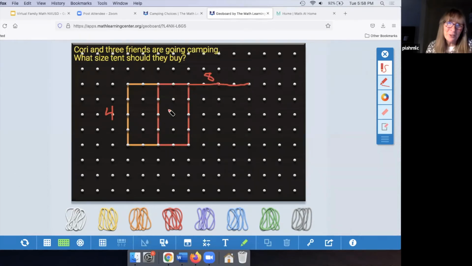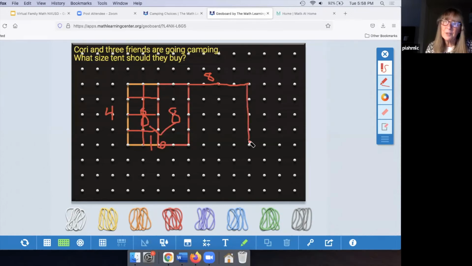And then maybe your students, your children are thinking about area. So this space has an area of 8. And this would be another group of 8. So maybe your children think about that as a double. 8 plus 8 would be 16.